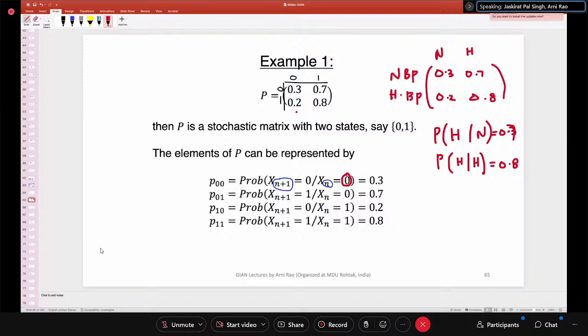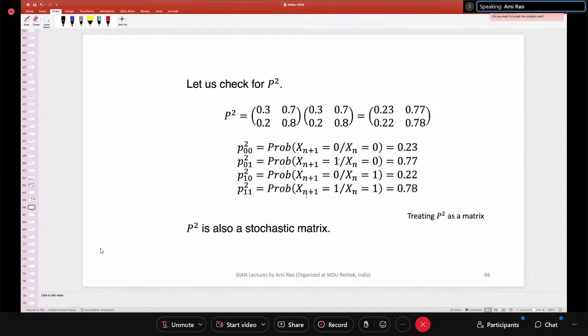Sir, can you explain on the same lines what is the significance of P square? Like normal, high blood pressure, two stages are there. Yeah, two stages, what happens now here? Suppose the same thing here, 0.23, 0.77.